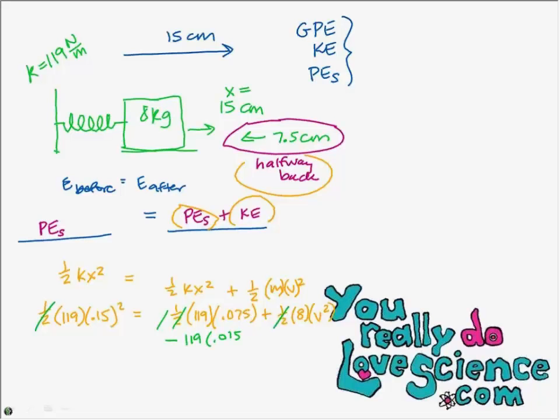Oh, did I forget to square the 0.075? Oh, yeah. I forgot to square it. It's okay. There we go, right there. Okay. So we're going to do minus 119 times 0.075 squared, and luckily our calculators know the order of operations. So I got on the left 2.008.